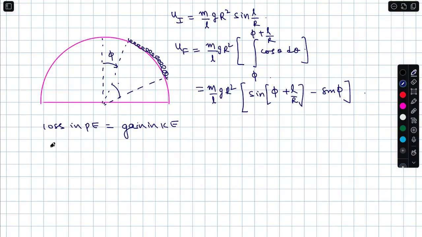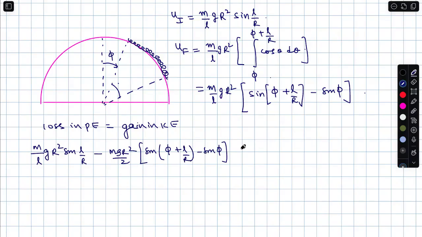Therefore, M by L g R square sin of L by R minus M g R square by L times sin of phi plus L by R minus sin phi equals half m v square. That is how I will find the kinetic energy.